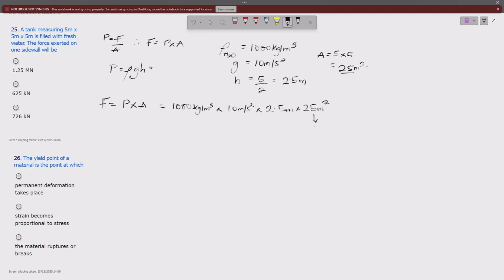So this represents the area, and that represents the average height of the wall or the mid-level, and that is the density of water, and that is g, acceleration due to gravity. That is the height. Okay, this is going to give us 625,000 newtons. That is 625 kilonewtons.